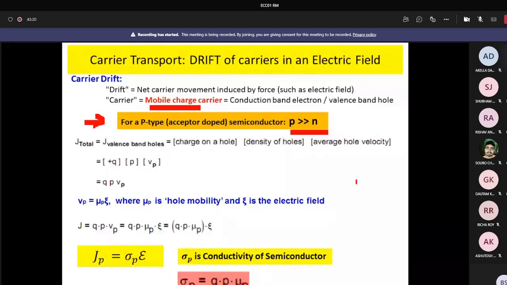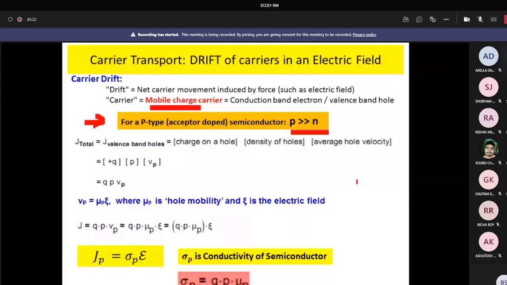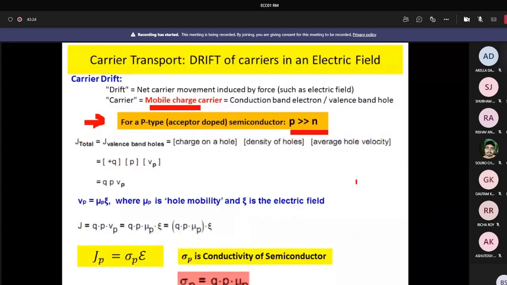Suppose the average velocity of the carriers, that is the average hole velocity, as we are considering P-type semiconductors. What is the total current density? The current density due to the holes.